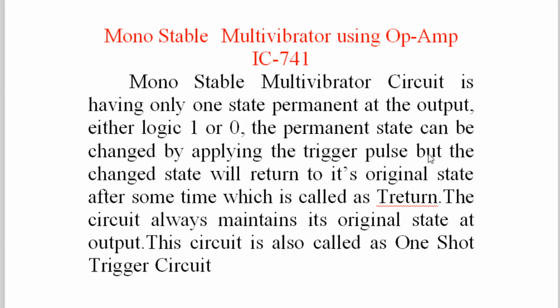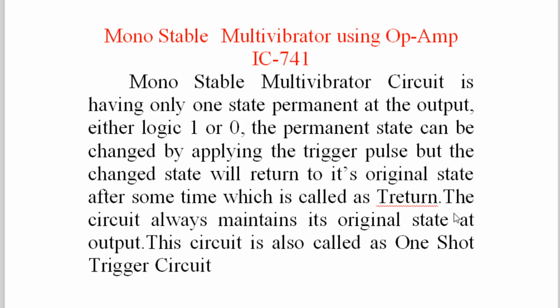But the changed state will return to its original state after some time, which is called T return. Therefore, it is called monostable. Mono means only one. Only one state is stable in a monostable circuit designed by any IC. But that stable state can be changed to another state by applying a trigger.